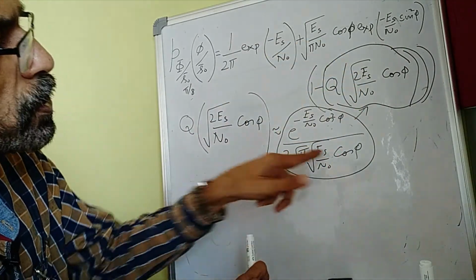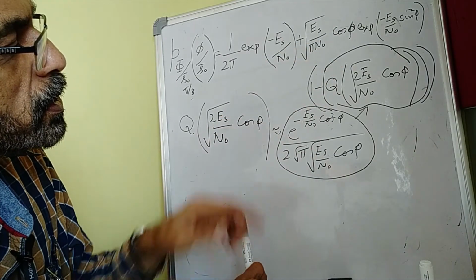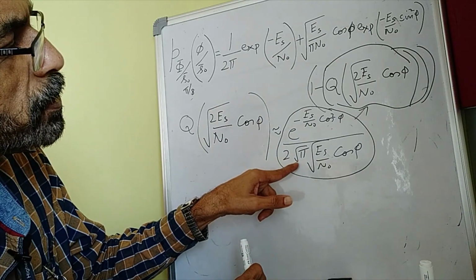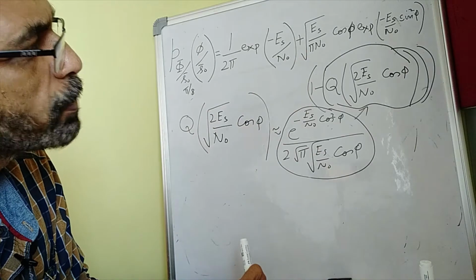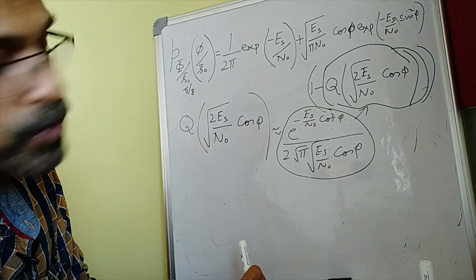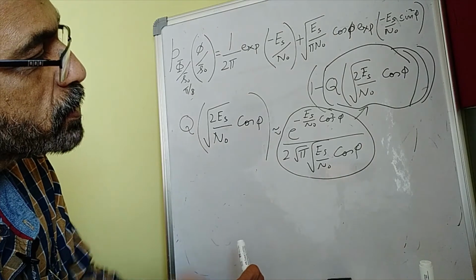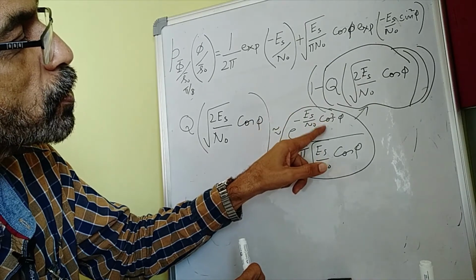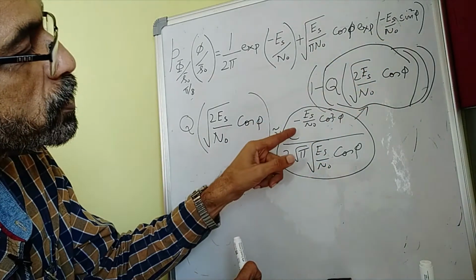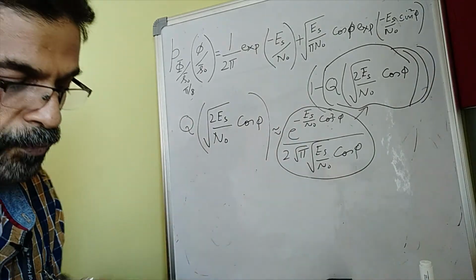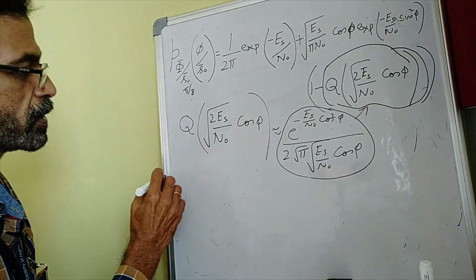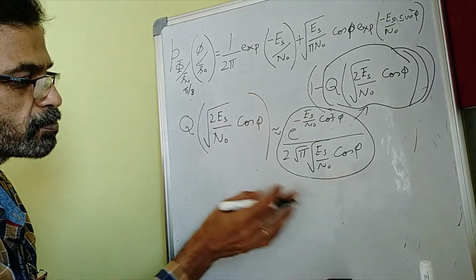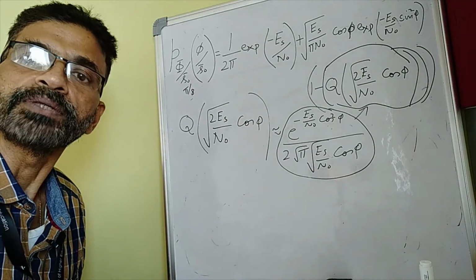Root Es by N0 will get cancelled. Root pi and root pi will multiply with each other, and that will give us pi, and 2 will be there as it is. The exponents, we are multiplying these two. The exponents, cos square plus sin square, will give us 1. So the result will be e raised to minus Es by N0. So what happens is, when we substitute this, due to the reasons I explained just now, I will not work it out. I just have to simply write it down and cancel it off. It's something that we can do.